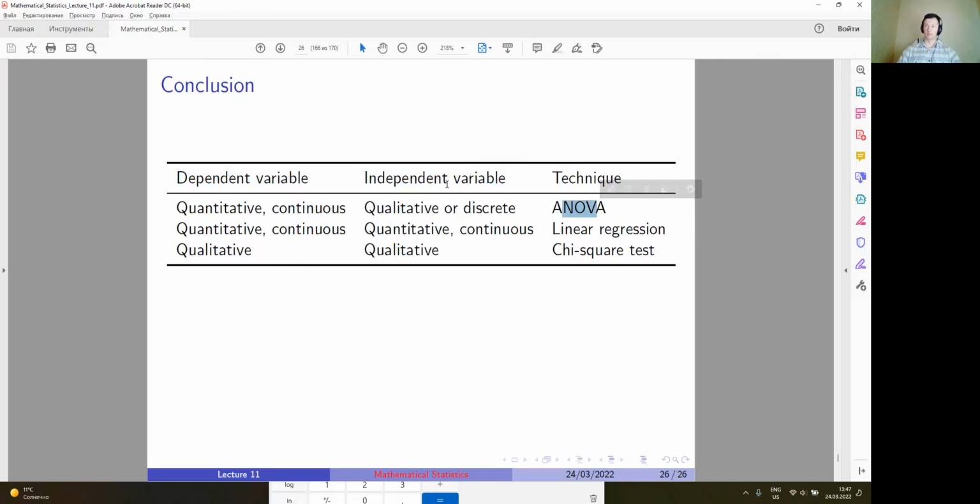Remember, our independent variable, the factor, was, for example, the technology applied on the oil well, or the maintenance team, or something else. So you have some qualitative variable that categorizes the data into one of several groups.